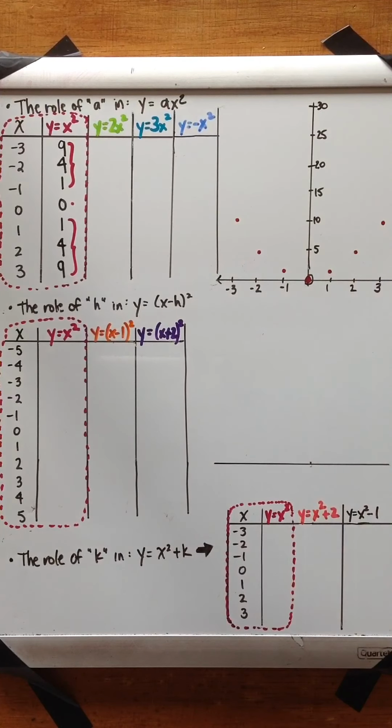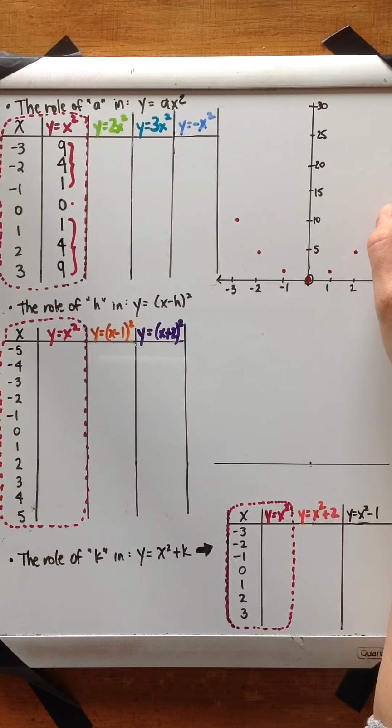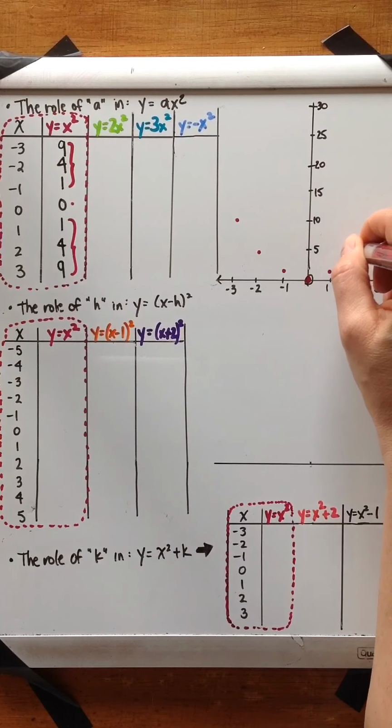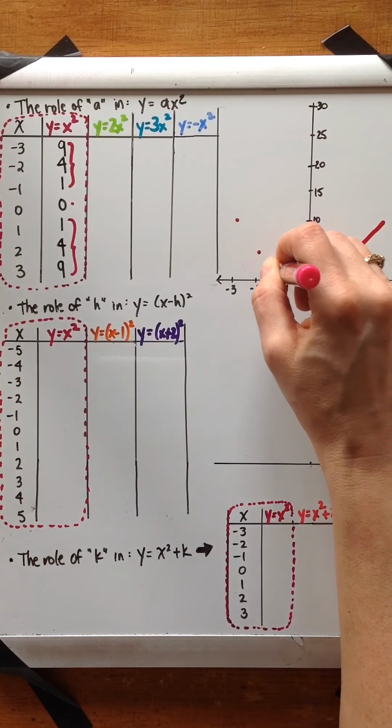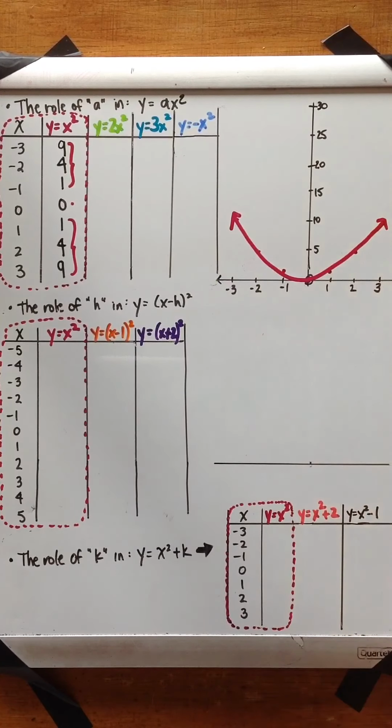And then we're going to smooth curve these points together because they are not a straight line. So I'm going to imagine a little bit dive bombing, like a jet starting up here. Connect. I want it to be smooth around the bottom. And most importantly, I want to include arrows at both ends because this parabola could keep going in both directions. I'm just showing a small section of it.